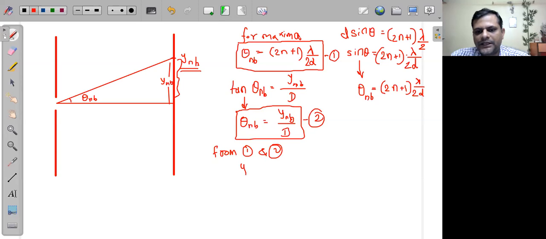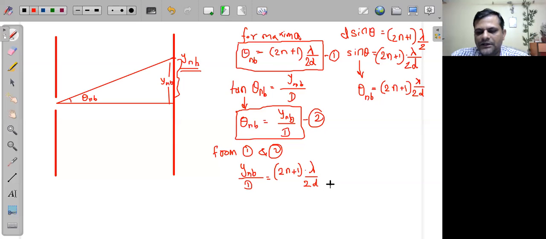See here, YNB upon D comes out to be simply equal to, तो यहाँ पे भी उस तरफ क्या रहने वाला है, ये पूरा जो है 2n plus 1 into lambda by 2d ये यहाँ पे आ जाएगा. So we can just put it here and get that 2n plus 1 into lambda by 2d.